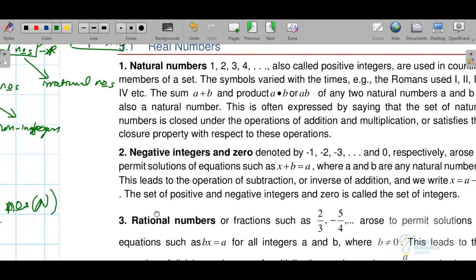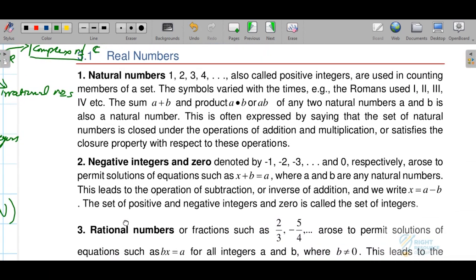Now let's look at what we have here. When we speak of natural numbers, we are speaking of normal counting numbers. Before the normal numbers that we have, we had Roman numerals, which were the numbers that we used for normal counting.